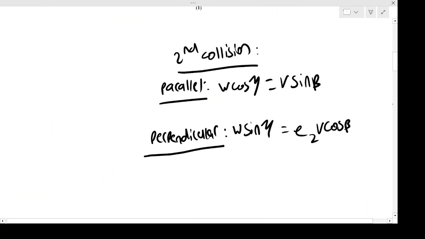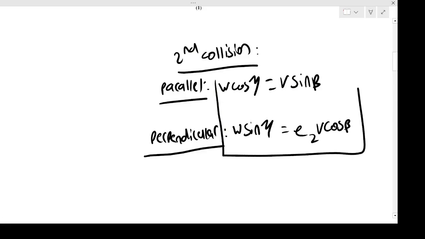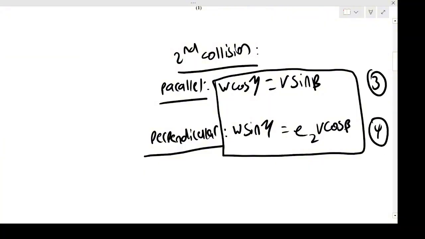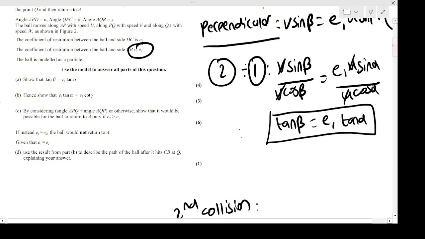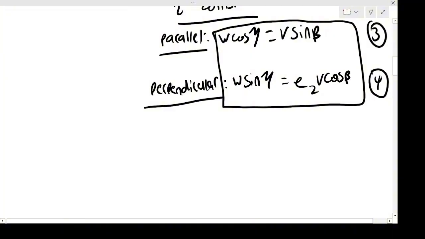And so again, I've got my two equations. If I call these equations 3 and 4, we're going to do the same sort of thing, because again it wants me to show tan and stuff like that. So I'm going to need to do the same procedure of dividing the two equations.